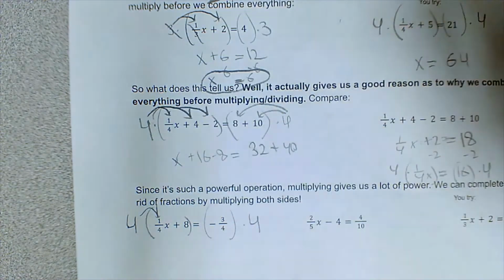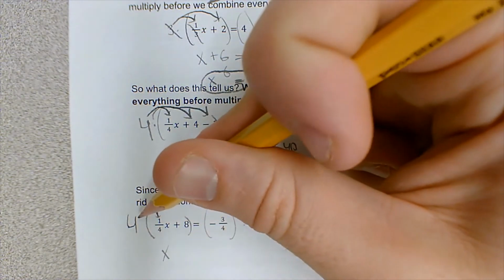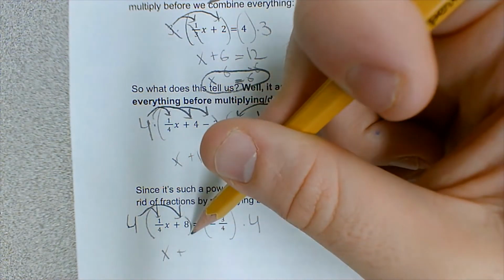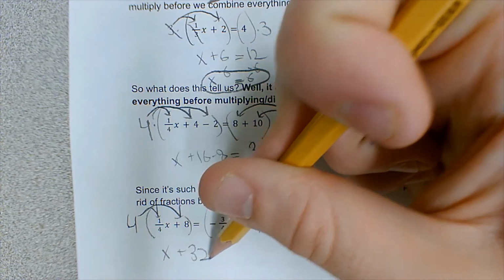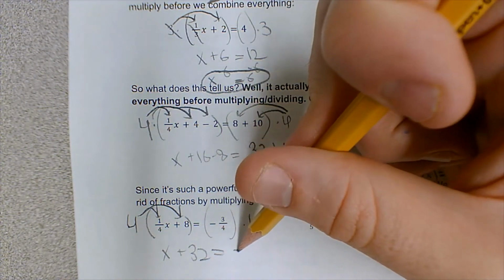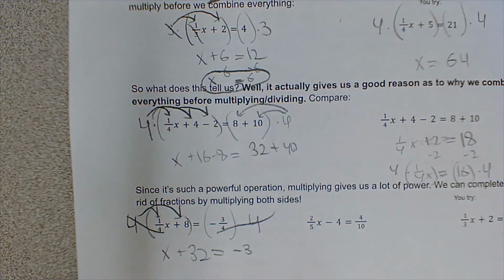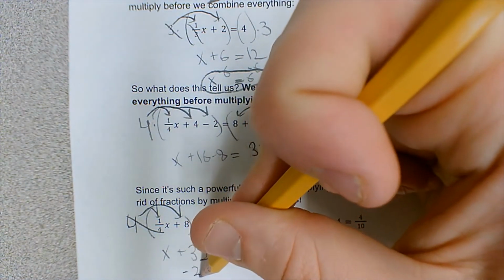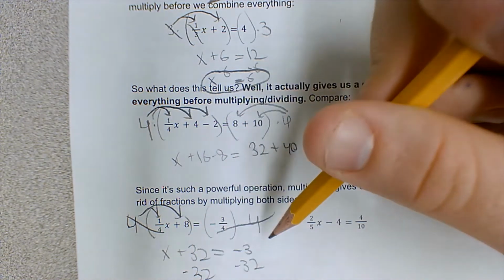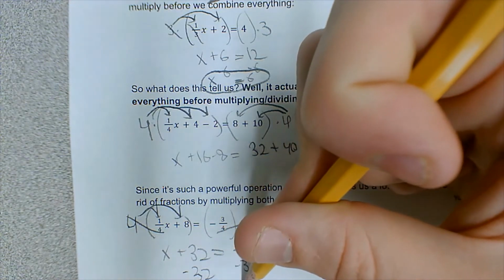I'm just going to multiply 4 times 1/4 gives me x. 4 times 8 is going to be 32 equals, here I'm just going to have negative 3 because the 4s cancel out. I subtract 32 from both sides. And I end up with x equals negative 35.